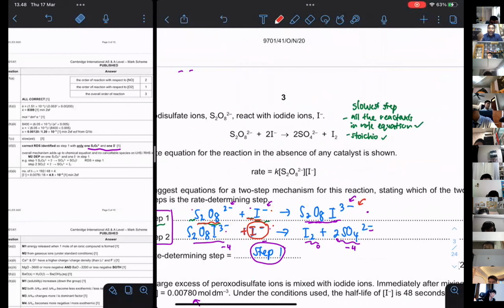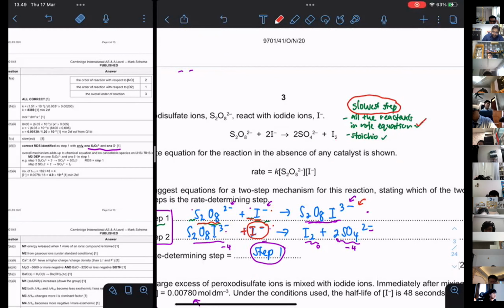experimental value. Now, what is actually happening over here is, in a multi-step reaction, the rate equation is dependent on the slower step. And not all the reactants are involved in the slower step. That is where we get the experimental data. In the slower step, they will have all the reactants in the rate equation.